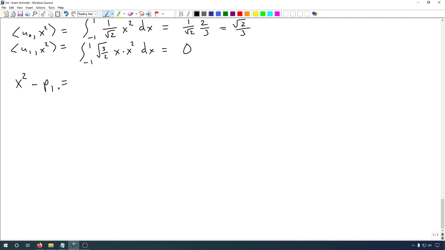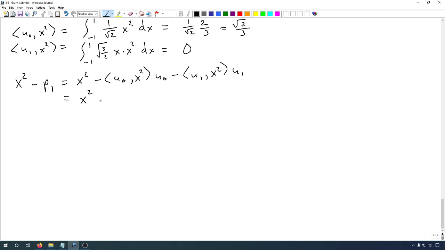It's a projection onto the first degree polynomials. This will be x squared minus the inner product of u0 with x squared times u0. And then technically it's the inner product of u1 with x squared times u1, though that's 0, so we don't really need that as much.